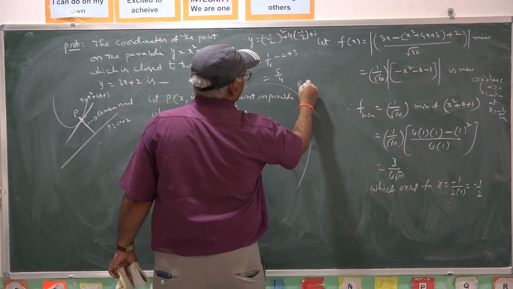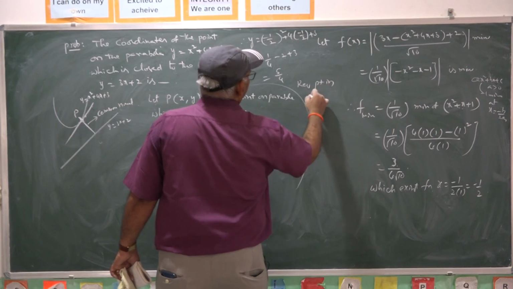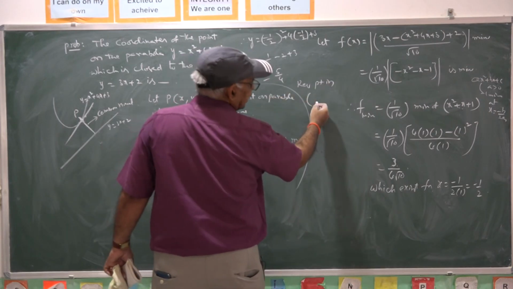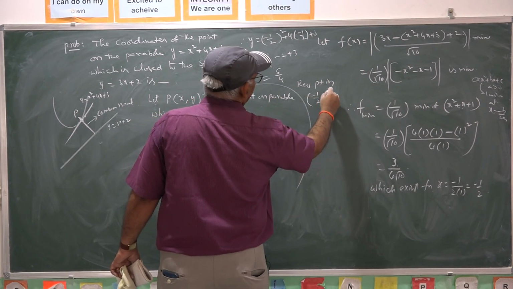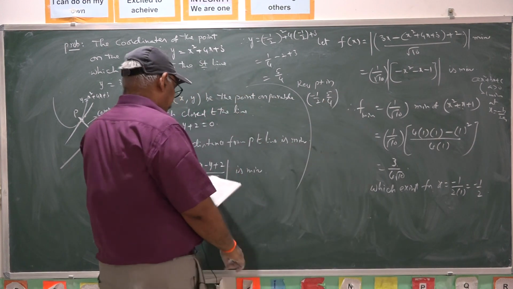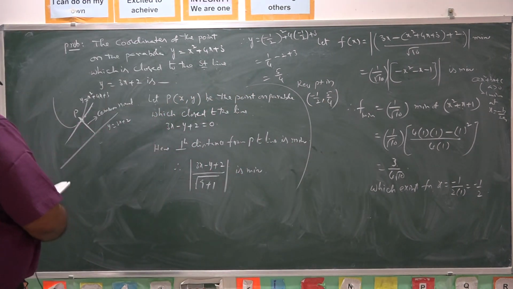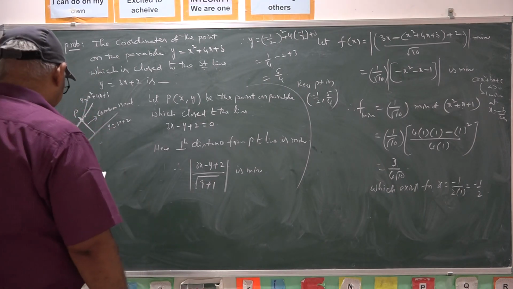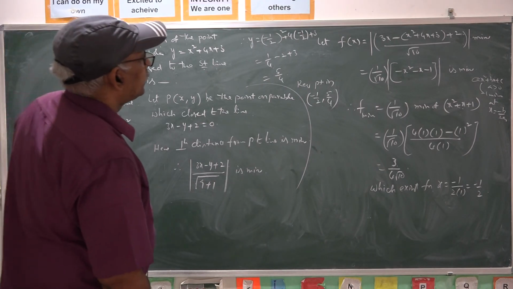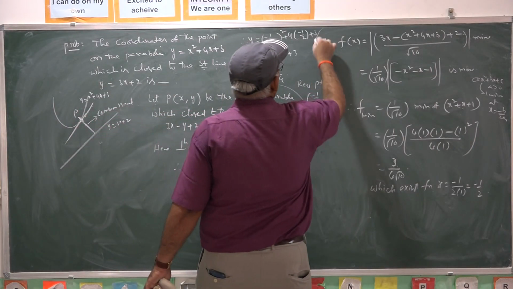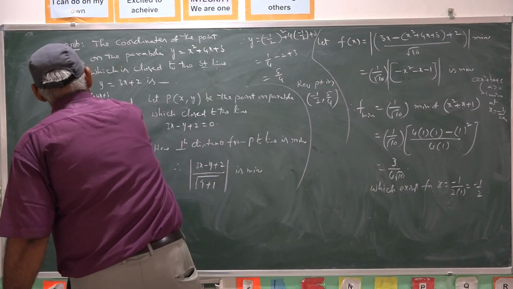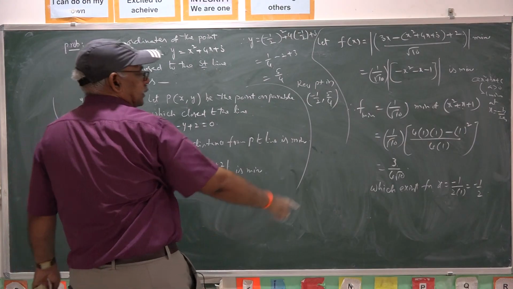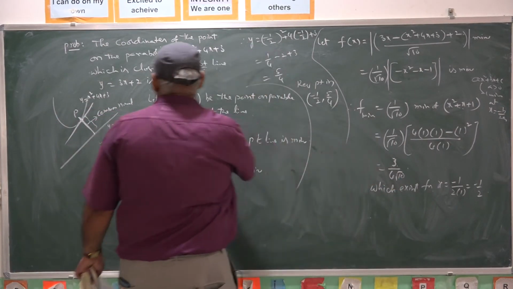Hence the required point, which is closest to the line, is (minus 1 by 2, 5 by 4). In such a way you can find the minimum distance as well as the point.